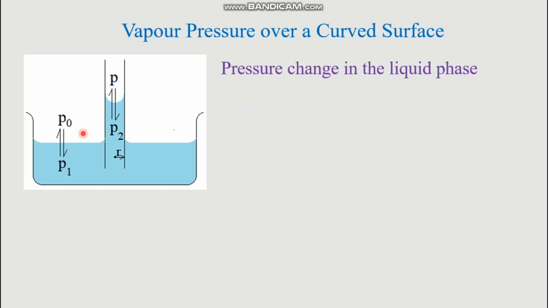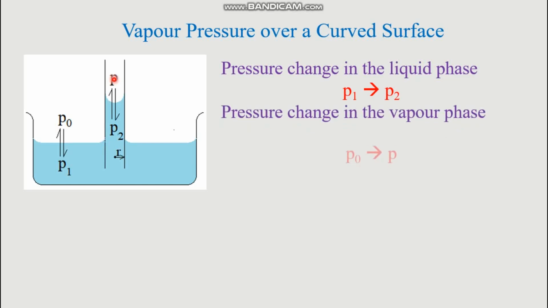So what about the pressure change? The pressure changes for the liquid from P1 to P2, and for the vapor phase from P0 to P. Now the molar volume of the liquid is V bar, and the suffix L indicates that it is of the liquid.